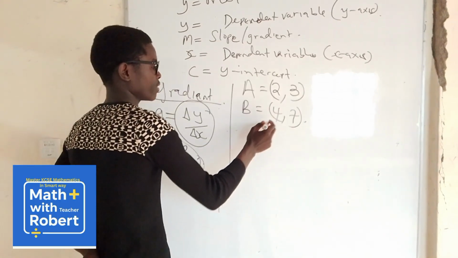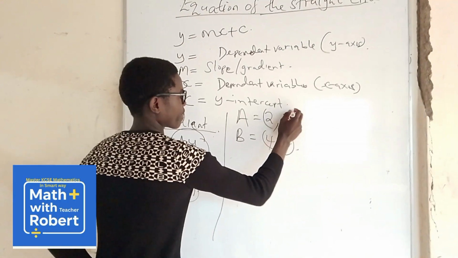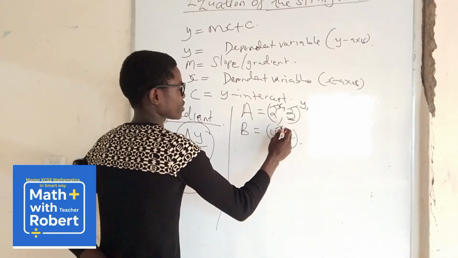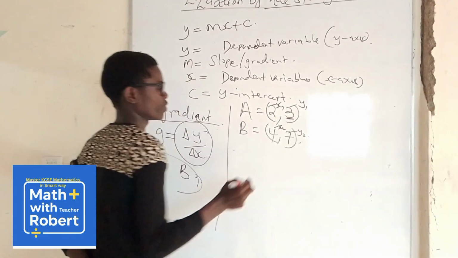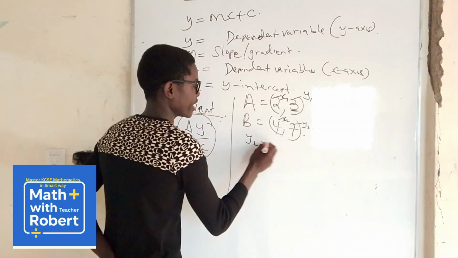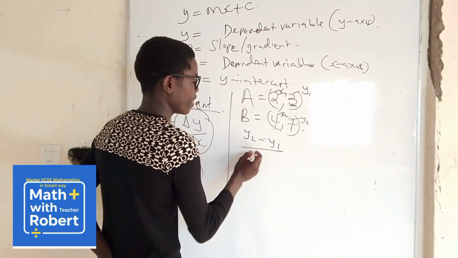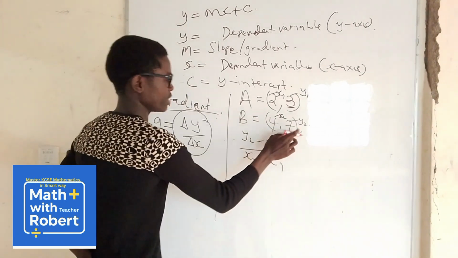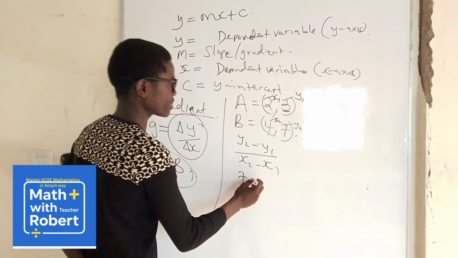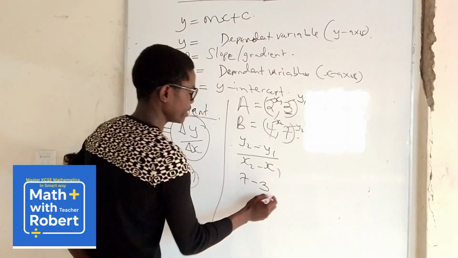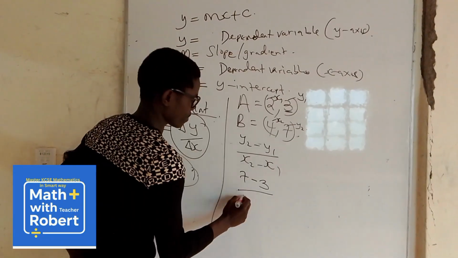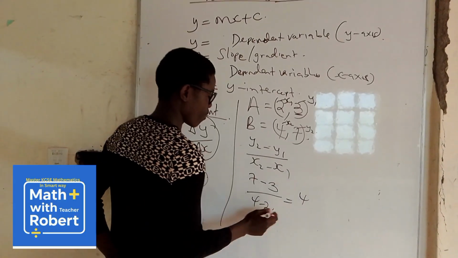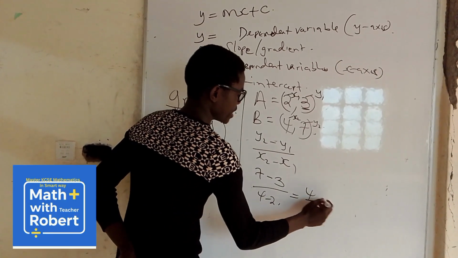So this is y1, this is x1, and this is x2. We say (y2 minus y1) over (x2 minus x1). So y2 is 7 minus 3, over 4 minus 2. That is 7 minus 3, that is 4, over 2. The gradient is 2.